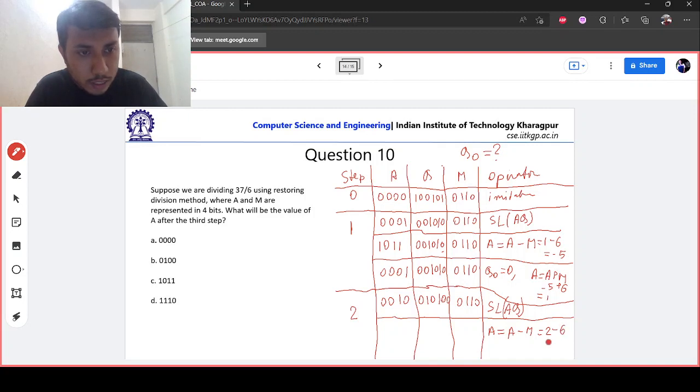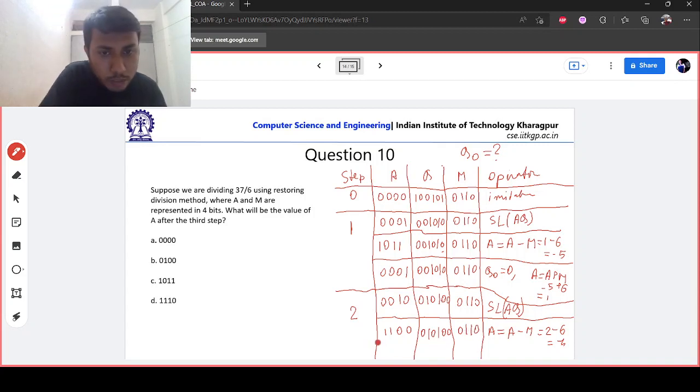So 2 minus 6 is minus 4. Minus 4 is 1 1 0 0, in 2's complement form. Q will remain the same, 1 0 1 0 0 0, and M will remain as it is.